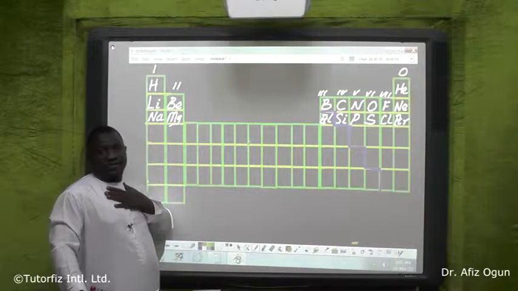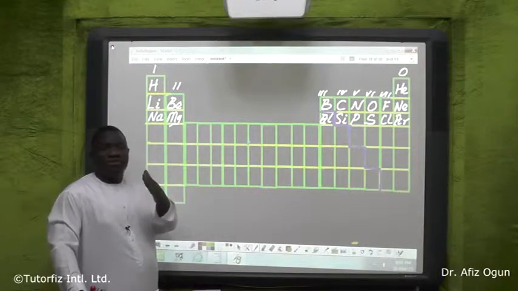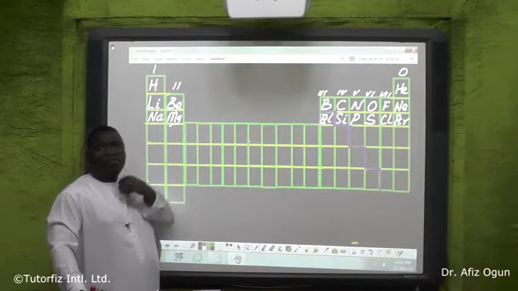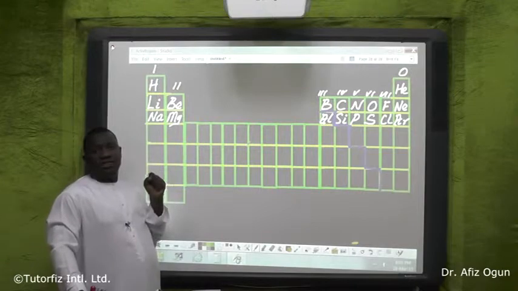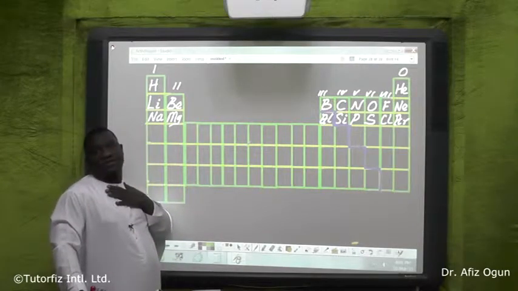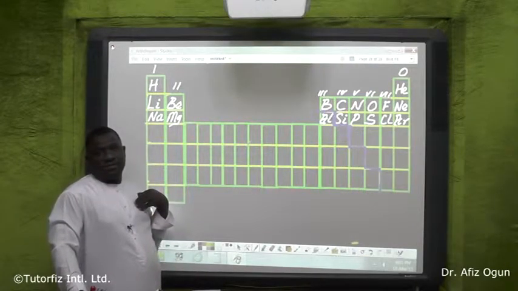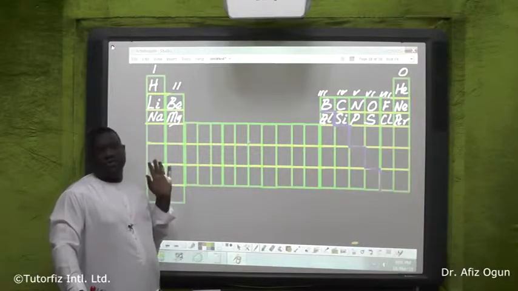Then they will be satisfied. They use the outermost electron to get a full outer shell. They are happy and content with this.